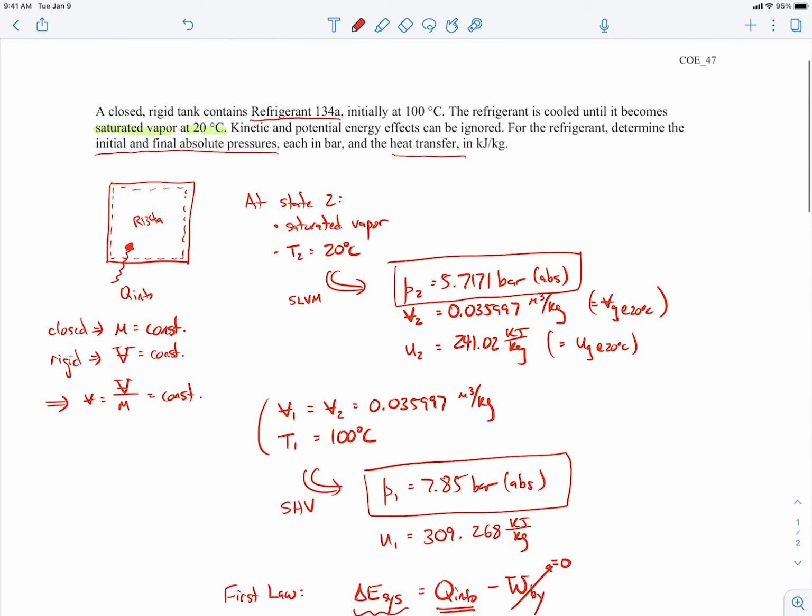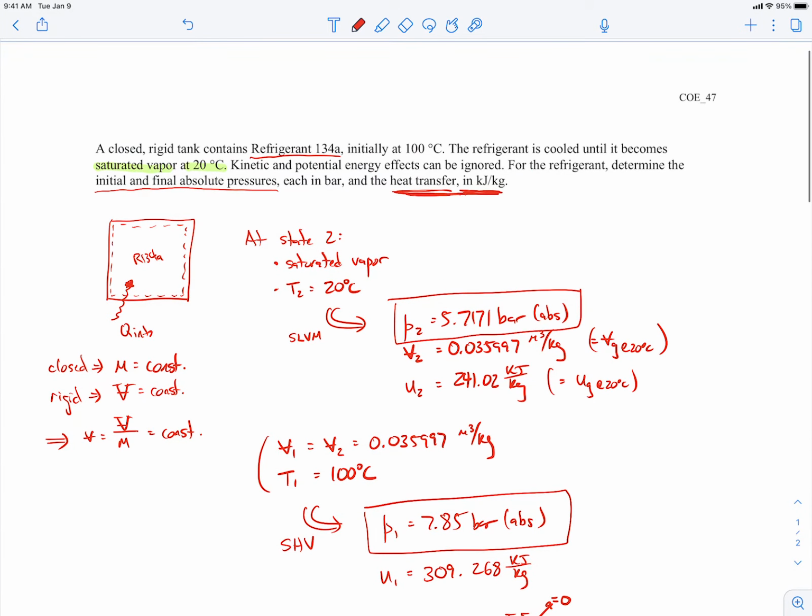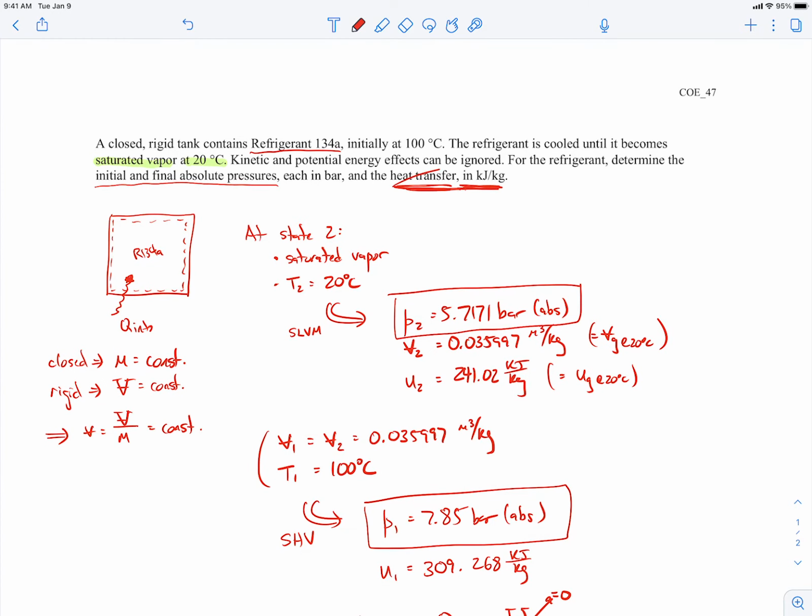Now if you go back up here, when it says to find the heat transfer, one thing I want to highlight is that it's saying the heat transfer in kilojoules per kilogram. So it's actually per unit mass. It probably should have said heat transfer per unit mass in kilojoules per kilogram. So let's fix that. I just know this based on the units.